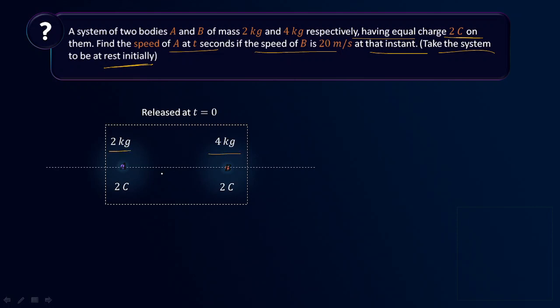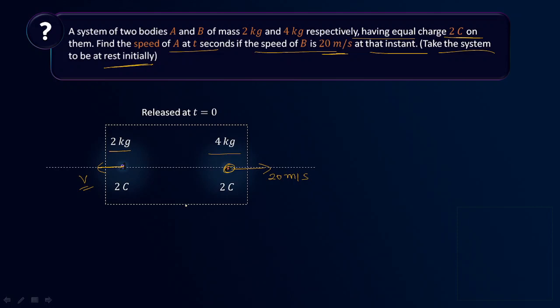Initially they were at rest at t equal to 0. At some time t, the speed of B is 20 meter per second. So the speed of A, this v, will be how much?